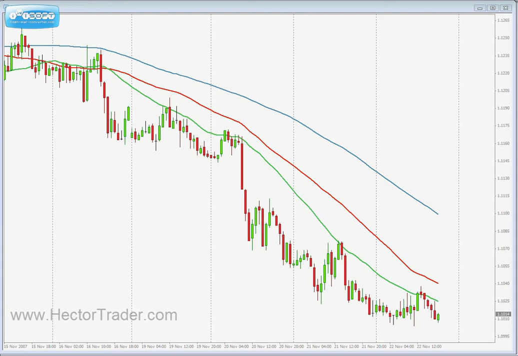The reason why this works is because institutional players like to keep an eye on this area, on these retracements, in order to adapt their positions.